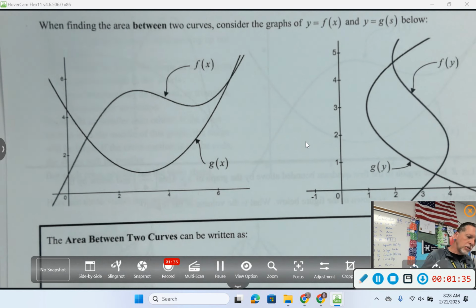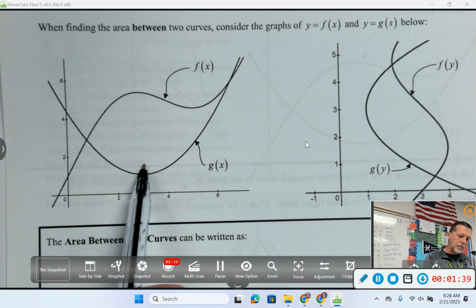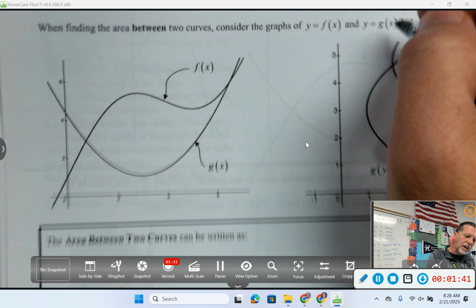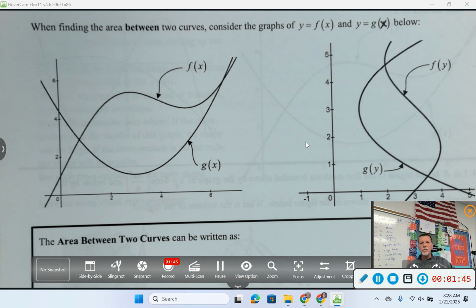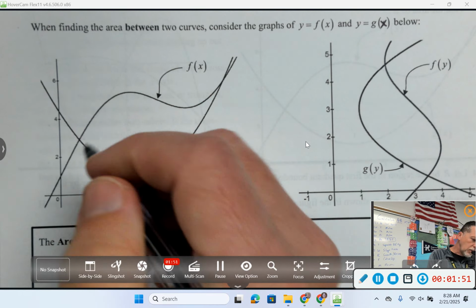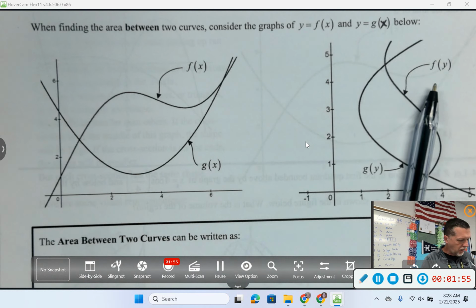What we're going to do today is the area between these two curves. That should be a g of x right there on that line. Find the area between f of x and g of x. Well, let's see. I guess let's shade the area first.